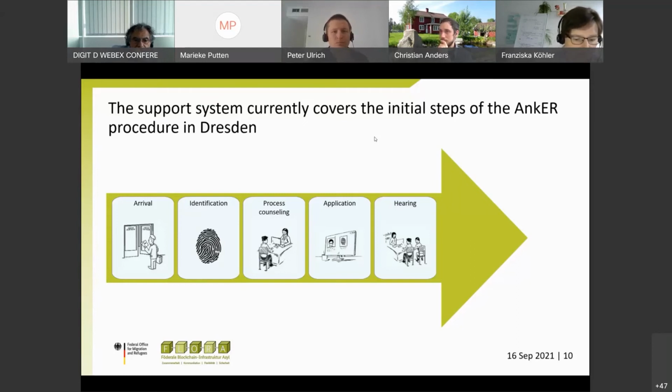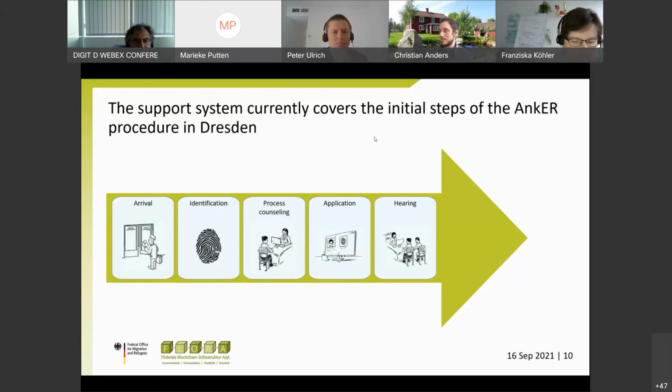This process looks straightforward and simple, but in reality, there are a lot of authorities involved and all need to work together. For example, the Federal Police and the Foreigner Office are involved in the first step, arrival. The second and the third steps are managed by us, the BAMF, and the Foreigner Office, but also the Health Department Dresden is involved.